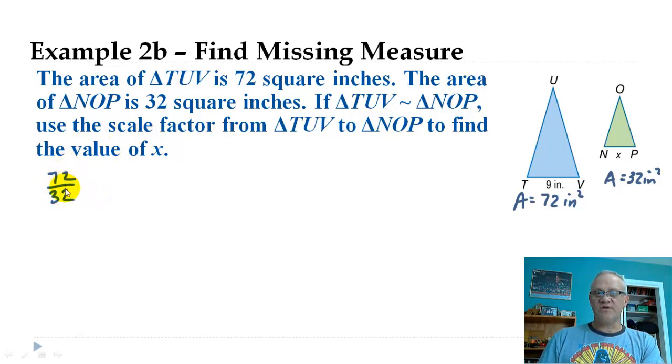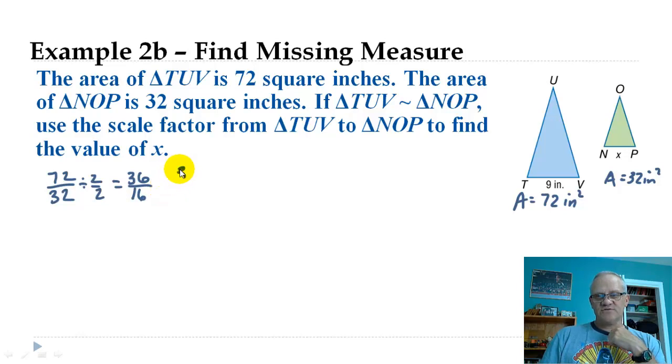Remember, this is the ratio of the areas, so we have to take the square root to get it back to the scale factor. These are not perfect squares, but again, let's see, what can we divide these by? It looks like we could divide by 2. 72 divided by 2 is 36. 32 divided by 2 is 16. And you notice, oh, 36 and 16 are both perfect squares.